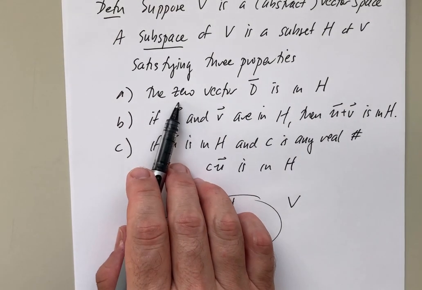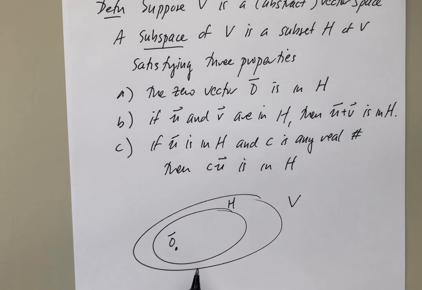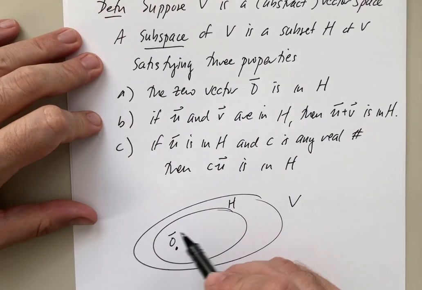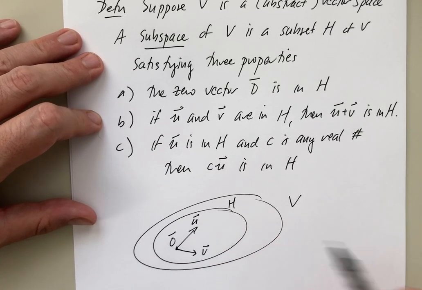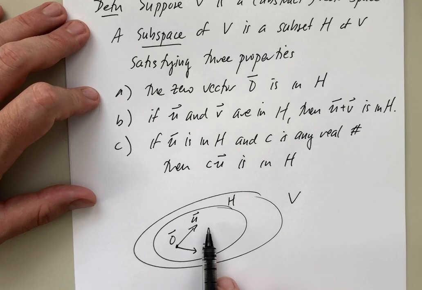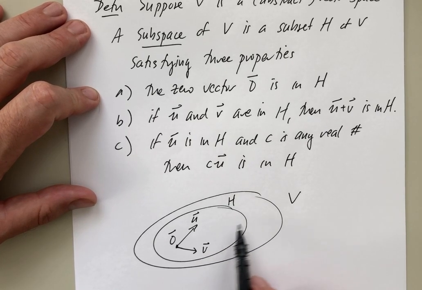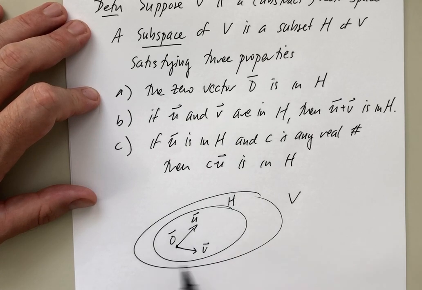That's the first property, that when I look at the subcollection, I better have that 0 vector. Part B is saying that if you take 2 vectors, I'll draw them as arrows, u and v, then when I take u plus v, that's a new vector, and it better stay in H, right? A priori, u plus v could sit out here somewhere, and H could miss it.